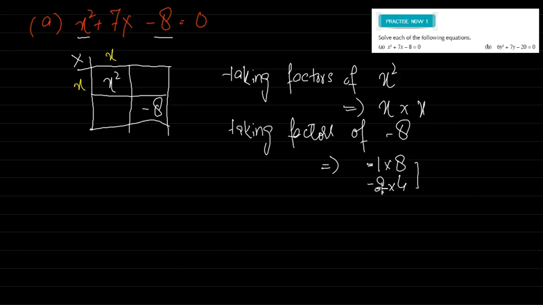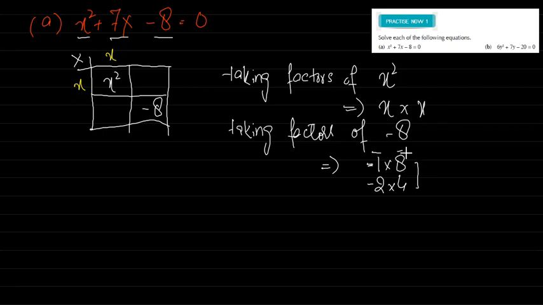So now we have to check which of these two factors, if added or subtracted, return us the value plus 7x. Now see, if we add these both, like 8 minus 1, it is 7. Got it?